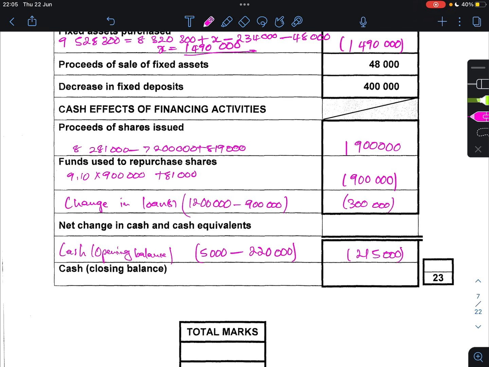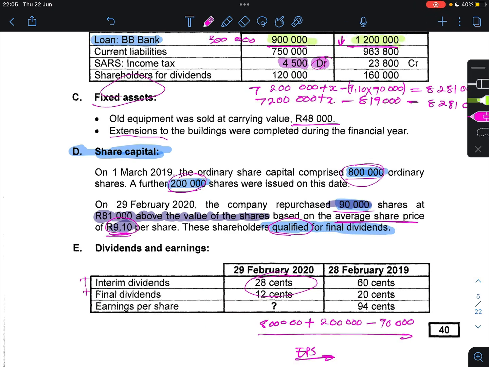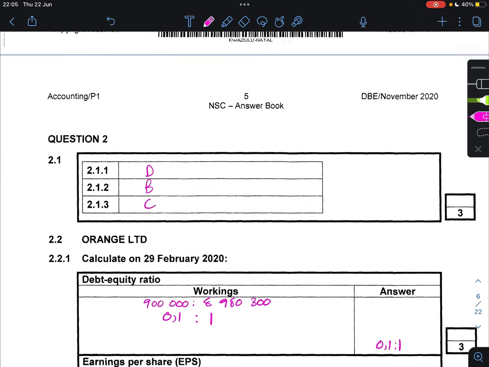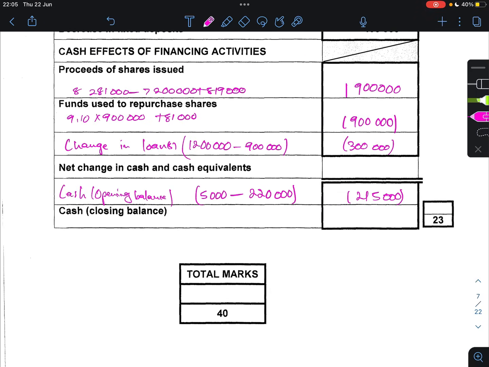So now our cash closing balance, that should easily be your 56,500, because we don't have anything on our bank overdraft. Oh, it's 56,500. Now, getting your net change in cash and cash equivalent would simply be getting the difference between these two amounts, because that's the total change.